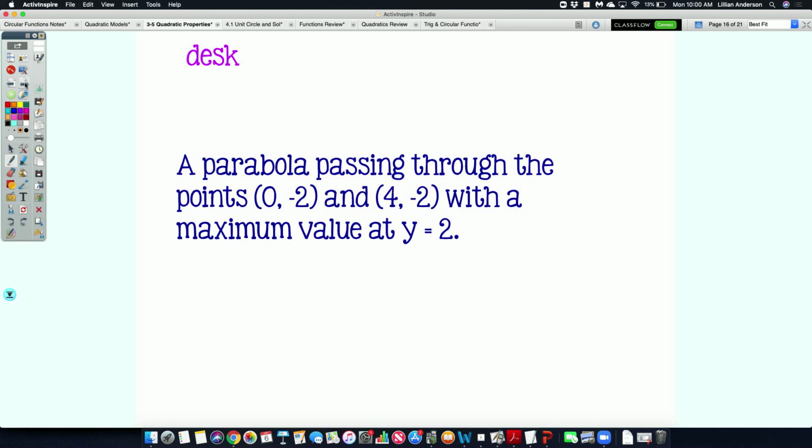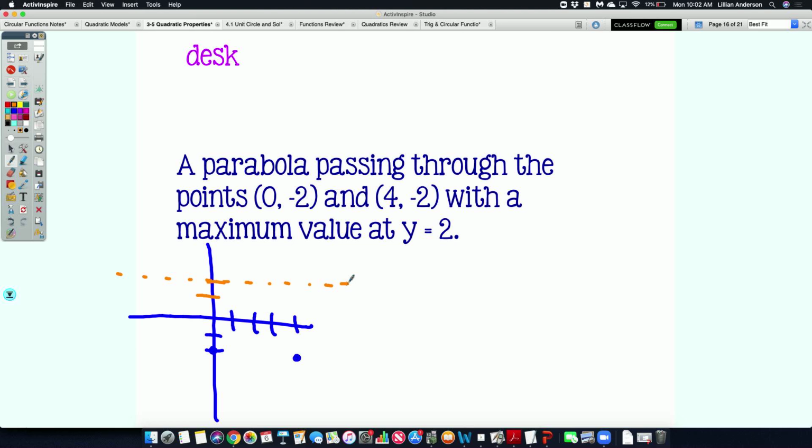All right? Do this one. Does this open up or down? Down. It does open down. You have a point at (0, -2) and a point at (4, -2). Now, these aren't x-intercepts, but they are equally spaced. It says you have a maximum value at +2. Maximum meant that it had to open down. That's how you get a maximum point.